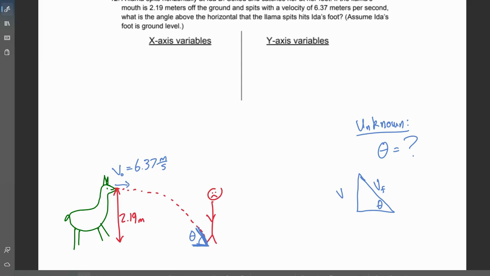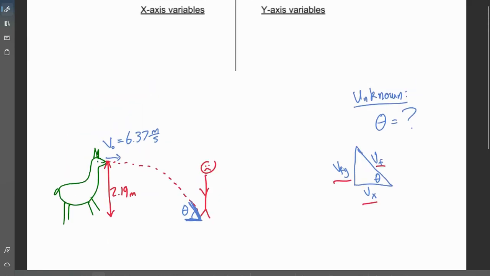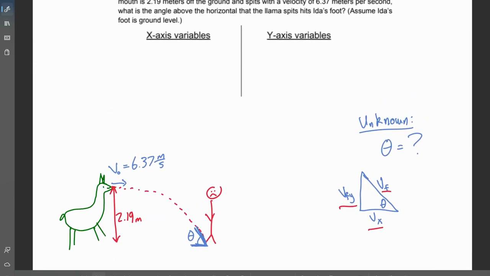So v final y, and velocity in the x, because there's no initial and final in x. So we'll have to use some sort of triangle math. That means we need to find any two of these three to get theta, and then just use the appropriate trig function, so that'll be an inverse trig function. We can either find final, y, or x.